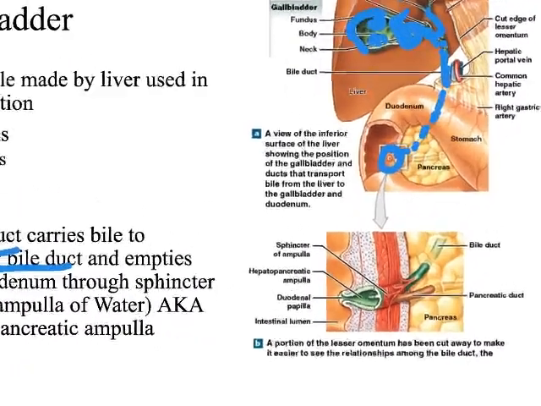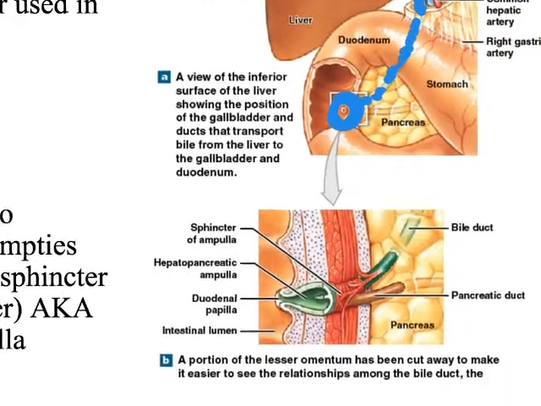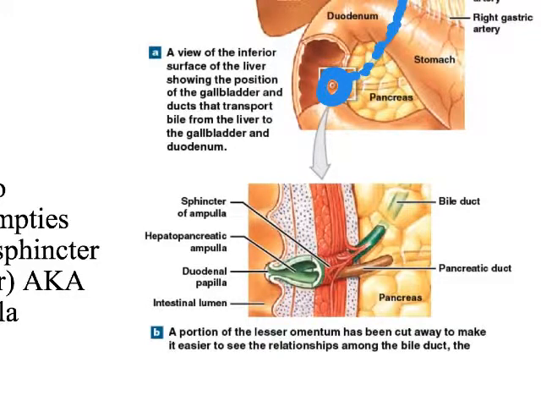Then the opening where the common bile duct empties bile in the duodenum, you can kind of see that little circle there. That's a sphincter muscle, and it's called the sphincter of Oddi, or the hole is called the ampulla of Vater. Nowadays, we like to call this hole, instead of the ampulla of Vater, the hepatopancreatic ampulla, which actually makes more sense because it kind of tells you where the tubes are coming from.